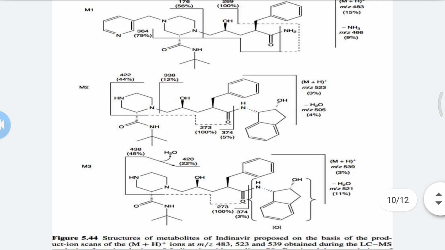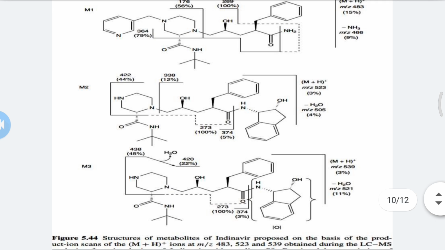Second, M2. Different fragmentation also takes place, or the metabolites degrade. In the fragmentation of M2, MH plus is 523, its base peak, and then 422, 388, and 374 in M2.